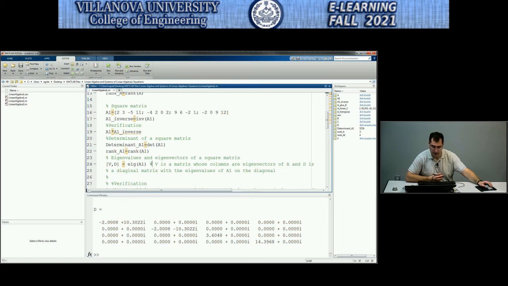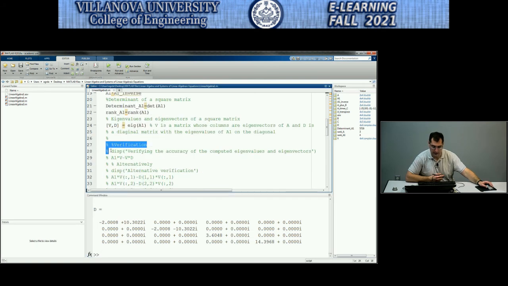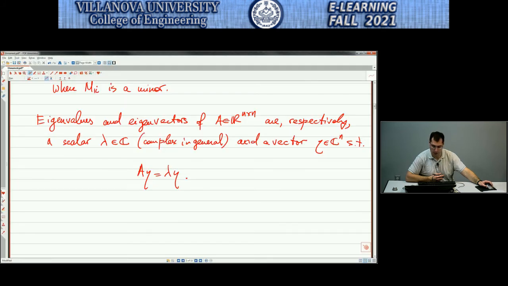You can verify that you indeed got what you were looking for by setting up the equation that I showed you earlier, A times eta is equal to lambda times eta. So you're basically setting up A times eta minus lambda times eta, and that better be equal to 0.